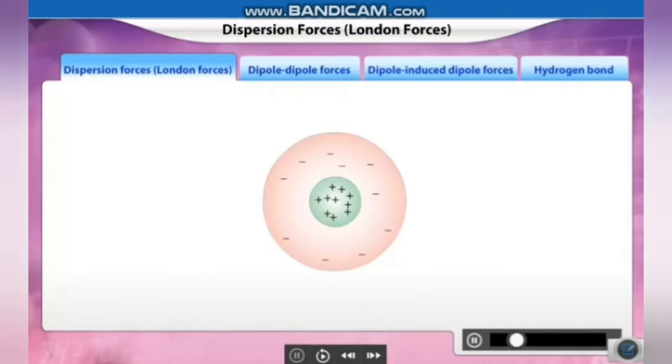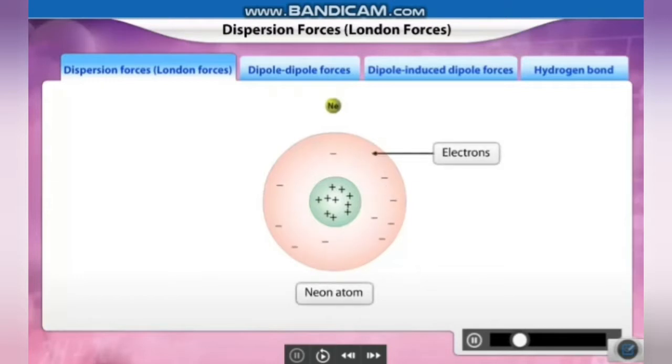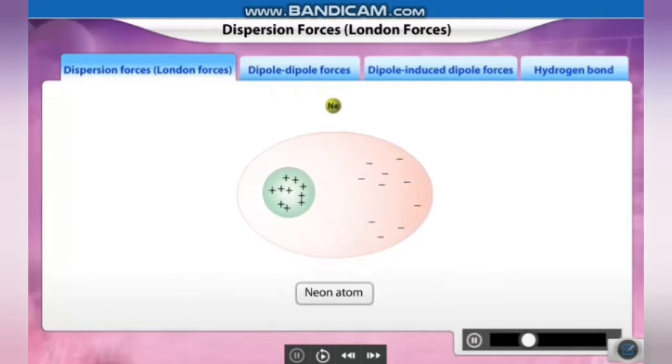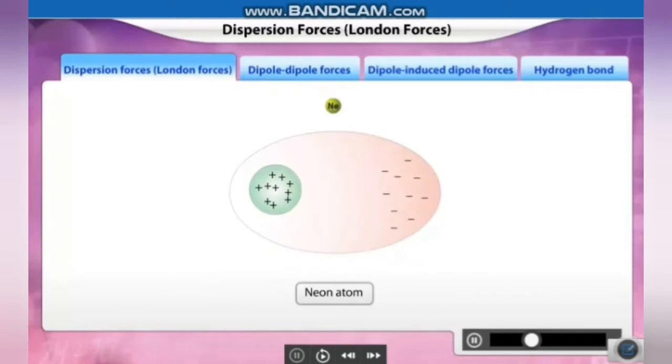Now there are chances where the negative electrons, like in the case of a neon atom, at some times the negative cloud can move to one corner of the sphere, which is our atom. And at this point, the positive nucleus will be on the other end. This asymmetry will last only for a very few moments.